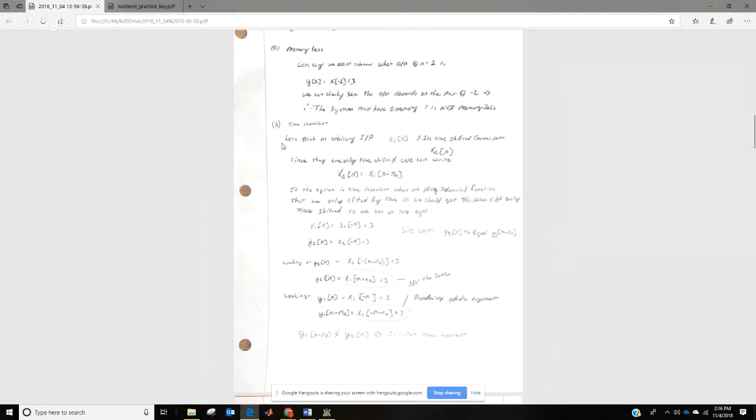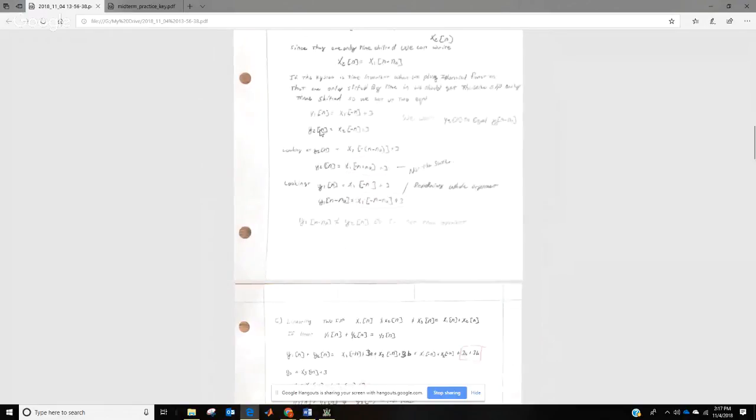The next asks us if it's time invariant. So this one I described poorly, but now I think I've got it pretty good. Let's pick an arbitrary input, x1 of n, and we'll pick its time-shifted complement x2 of n, and we'll set x2 of n equal to the time shift of x1 of n. So what we want to see is if when we plug both x2 of n and x1 of n into the equation to get y2 of n and y1 of n respectively, y2 of n equals the time shifted y1 of n.